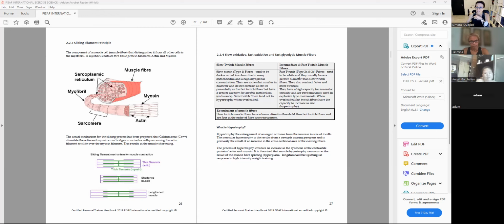And then the intermediate or fast twitch muscle fibers are lighter in meat because they don't have so much hemoglobin or myoglobin, so they don't need oxygen. That's why the fast twitch and intermediate fast twitch muscle fibers are more for fast movements, speed movement, explosive movement, power lifters use that.